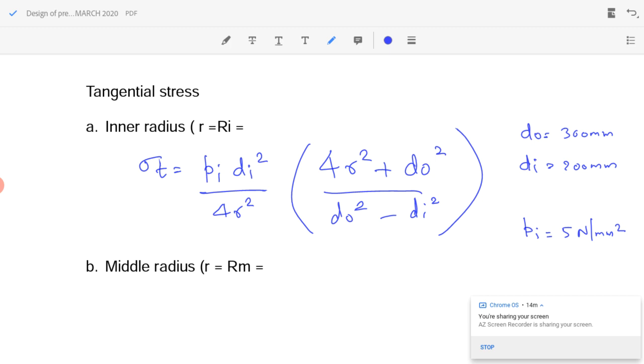R is the radius at which we have to find the tangential stress. In this case, R equal to internal radius equal to 100 mm.